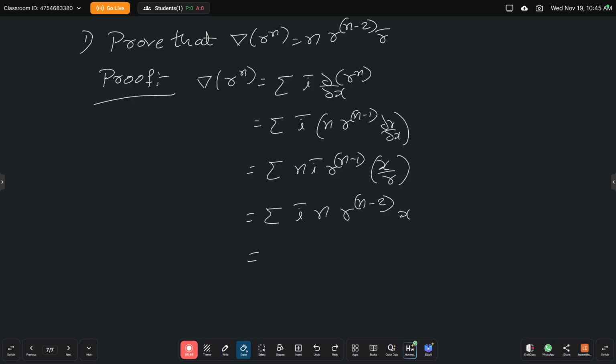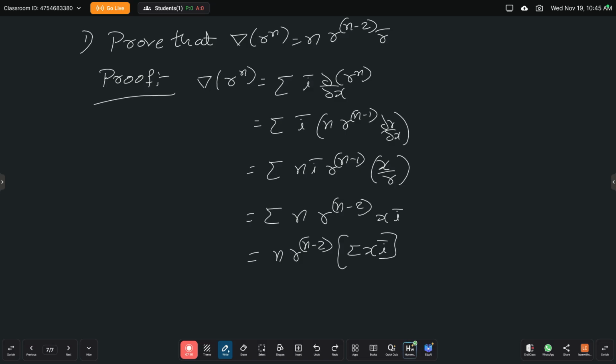Better I'll write it like this: n into r power n minus 2 into x into i bar. Now I will write this n into r power n minus 2 outside of the summation. Then the summation of x i bar.